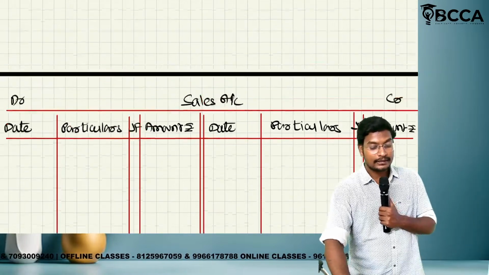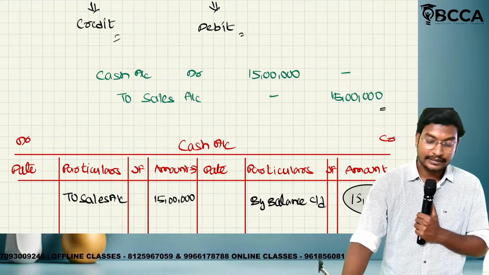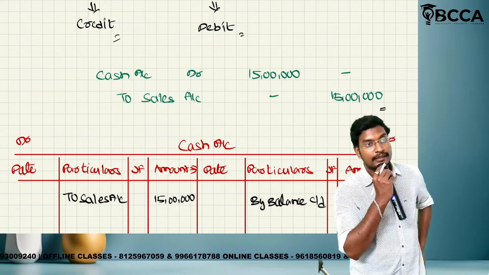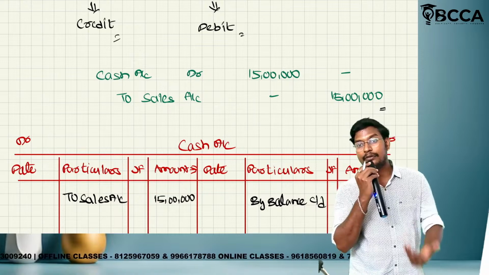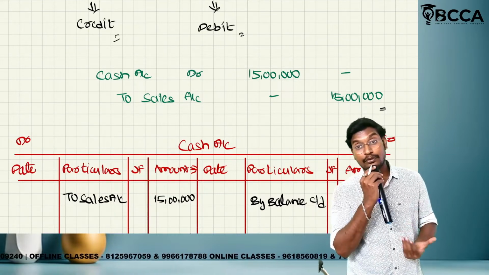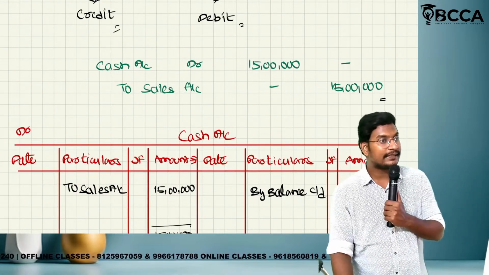So in the journal entry, sales is debited or credited, amma? Sales is credited. So we need to record in the sales account on which side? In the sales account credit side. While recording anything on the credit side, what we have to do? We need to use the word "by". So by cash account or by sales account?